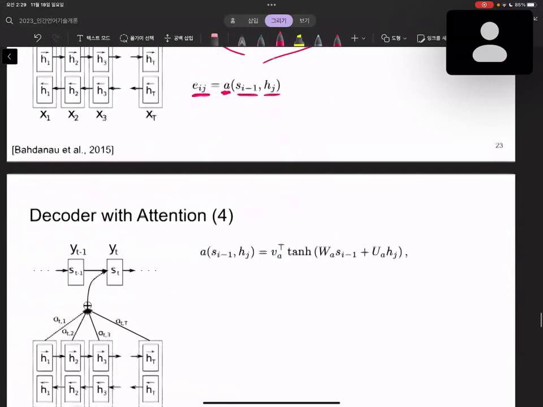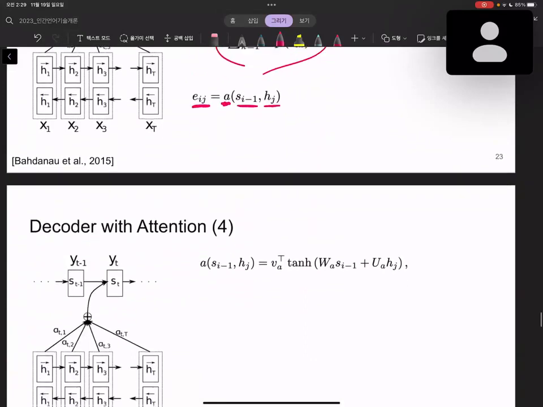Actually, it is the linear transformation of previous s and current h, and they are summed, and then they go to the nonlinear function, and then finally we take the inner product with a vector, because this is a vector, not a scalar.